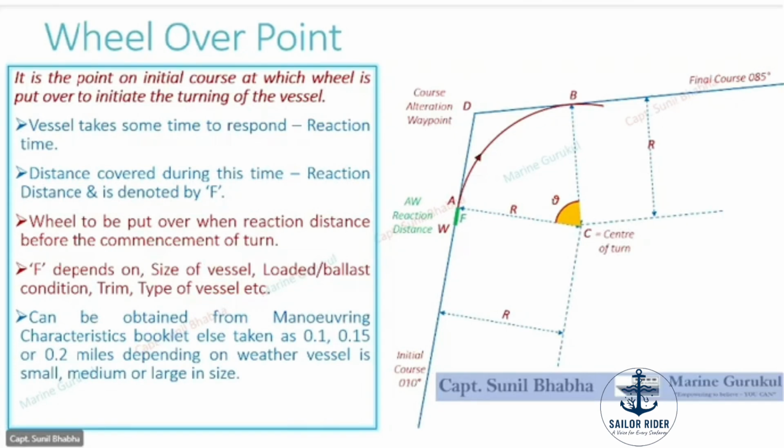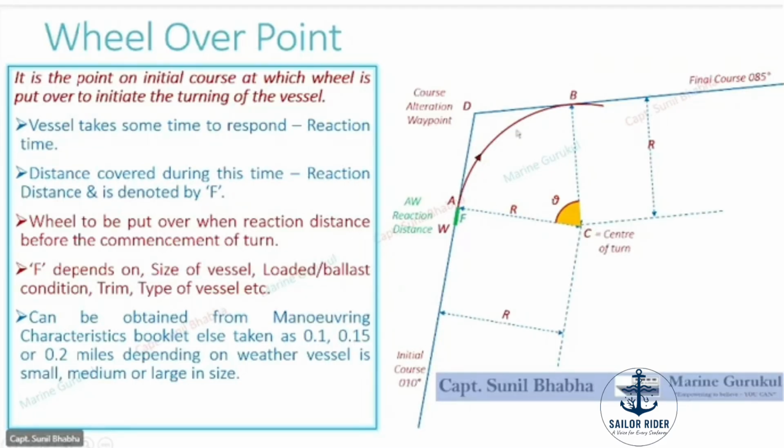Okay, so the distance from this A to B is 1 mile, right, sir? If the radius is 1 mile, the distance from A to B is 1 mile. Is it right, sir? No, beta, no. The distance from A to B will not be 1 mile. The R distance which you are seeing means the distance between Charlie and Alpha. If you are keeping a radius of 1 mile, Charlie to Alpha will be 1 mile. Charlie to Bravo also will be 1 mile.